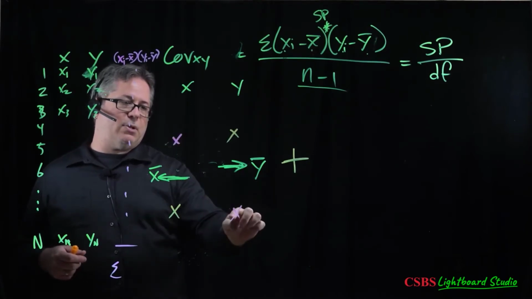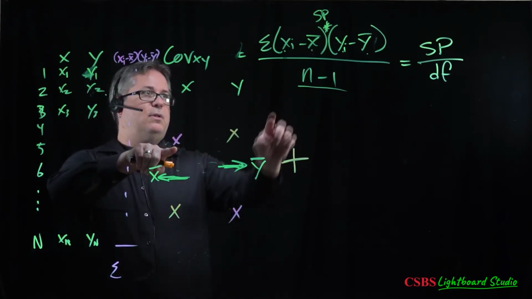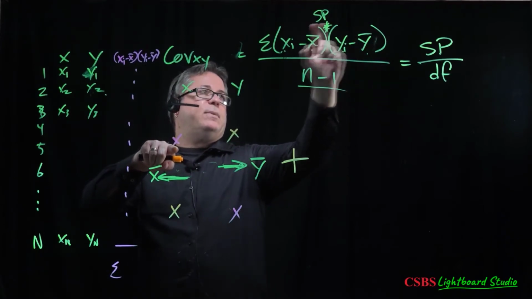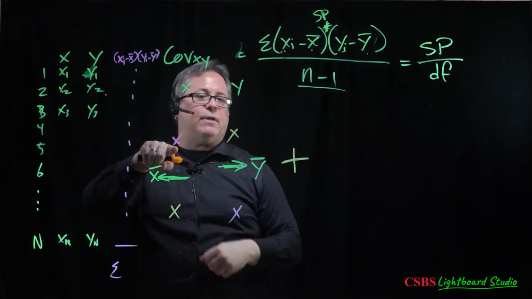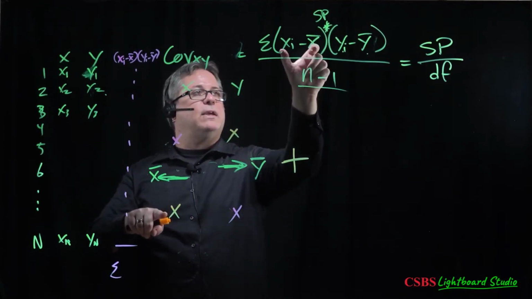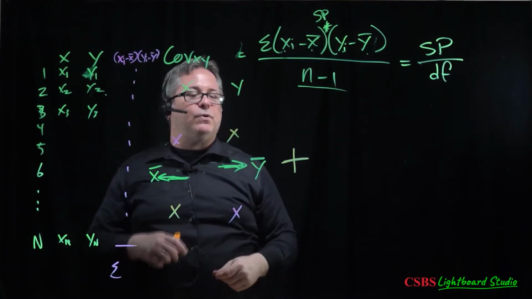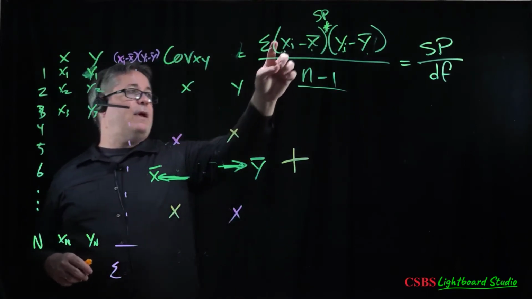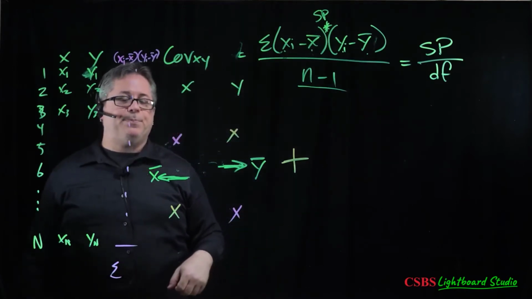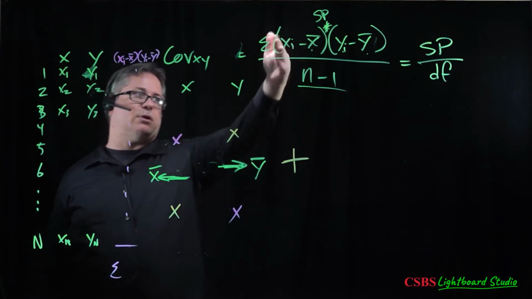Here y is below y mean. If that's true, this is above, positive. This is below, negative. Positive times negative is going to be a negative for that person. Same thing the other way around. If this is below the mean, that's negative. This is above the mean, that's positive. So if the values are on opposite sides of their means, there's likely to be a negative contribution to the covariance. At least their product's going to be negative.